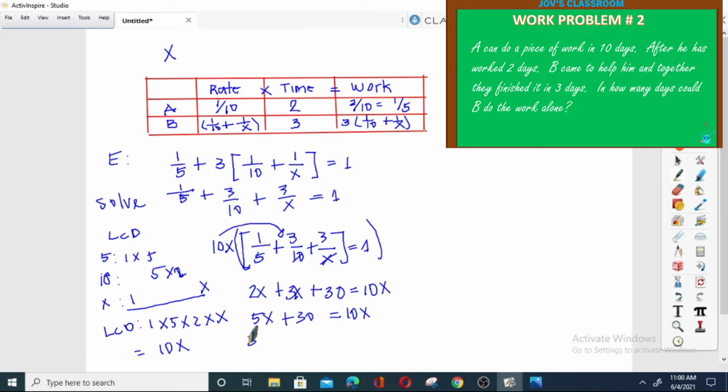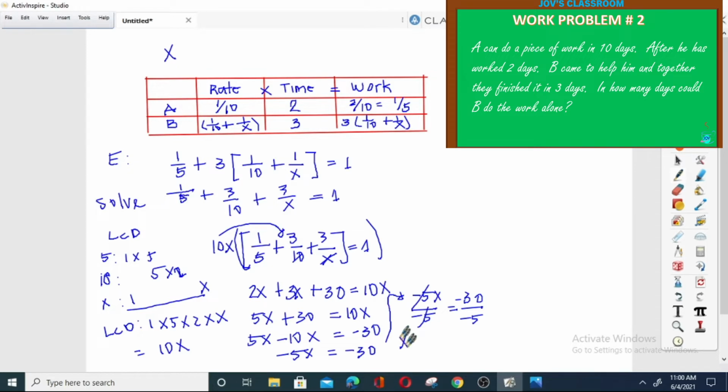Transpose: 5x minus 10x is equal to minus 30. Combine, so this is negative 5x is equal to negative 30. Divide both sides by negative 5. Negative 30 divided by negative 5.